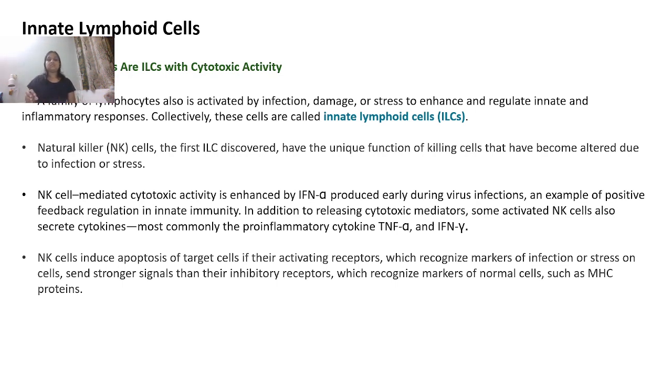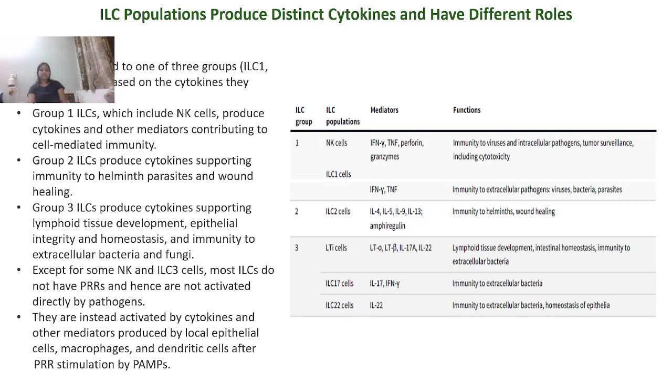Whenever there is any kind of stress or infection, these NK cells will have their activating receptors recognize this stress and send stronger signals than their inhibitory receptors, which recognize markers of normal cells such as MHC proteins. So basically, these natural killer cells have cytotoxic activity.